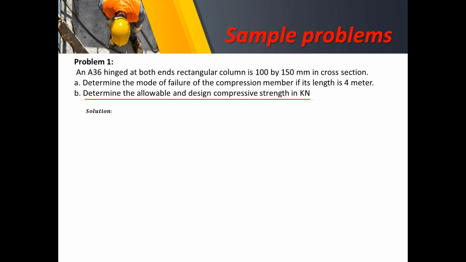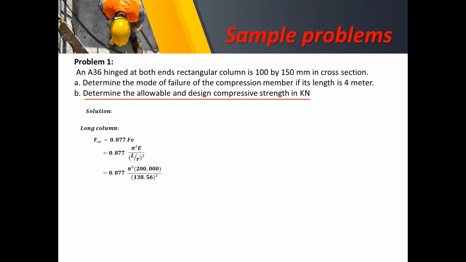So if it is a long column, we are going to use a buckling strength of 0.877 times the Euler's critical buckling stress. So that is equal to 0.877 times this expression. Of course, you just have to substitute.